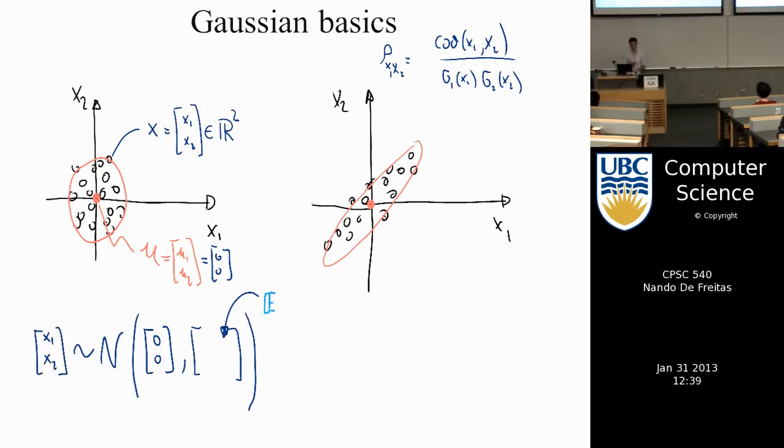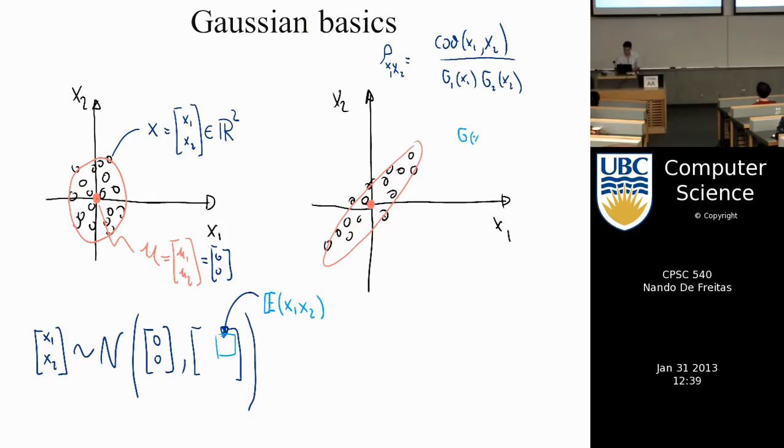In this case, we have a zero mean variable. And for this particular entry, the entry that should go in this cell is the expectation of x1 times x2.